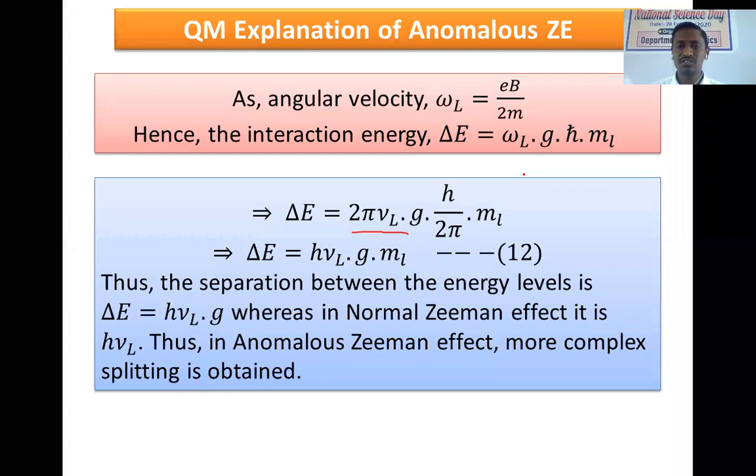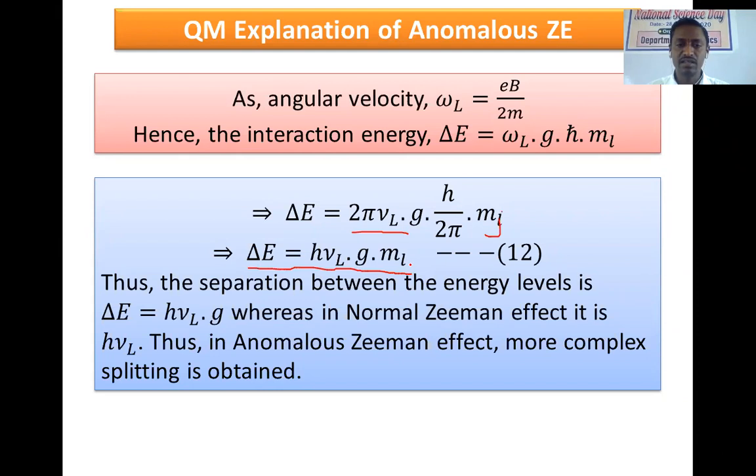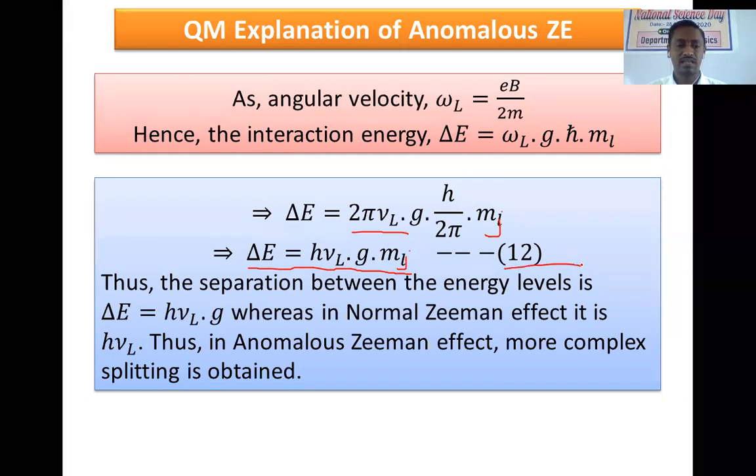In place of h cross, I have put here h upon twice pi into mj. Twice pi from the numerator and denominator cancel. Therefore, the equation for interaction energy will be h nu L into g into mj. That is our equation number 12.